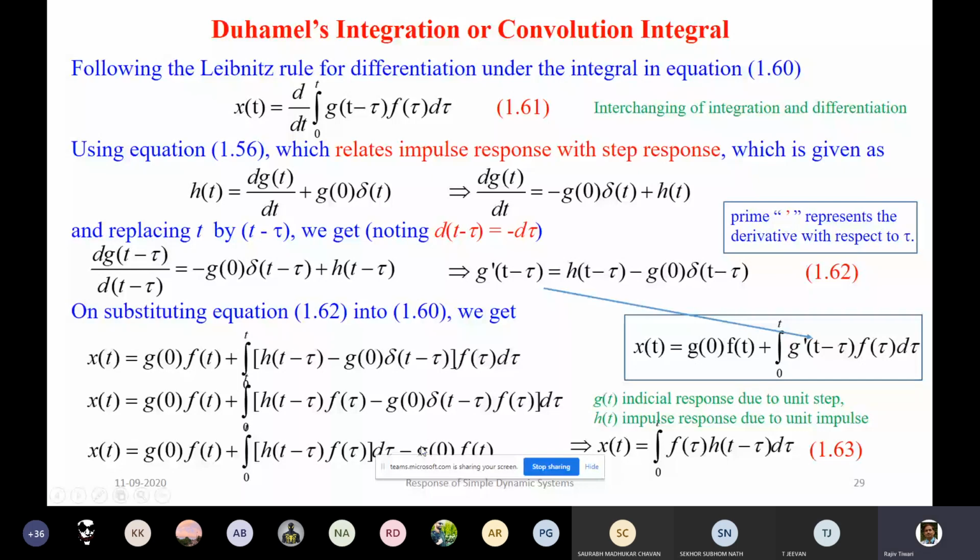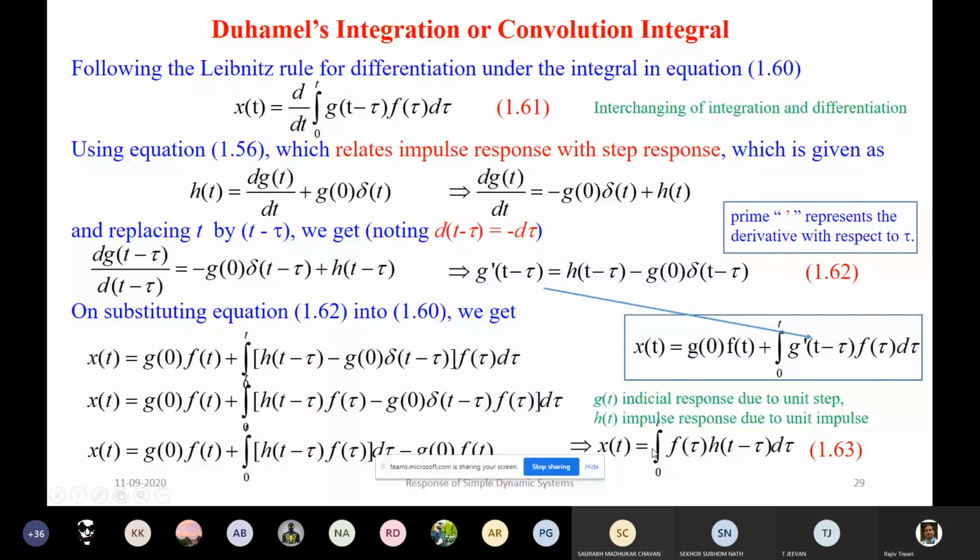So now you can see this third term and the first term are common, they will get cancelled. So we are left with the convolution integral in terms of the impulse response h, like this.